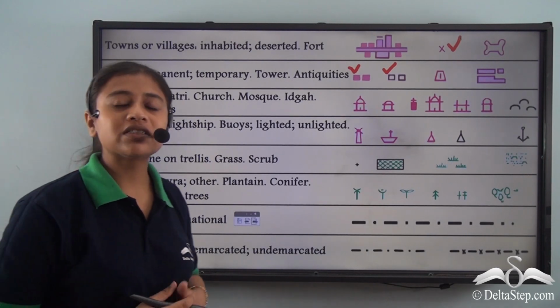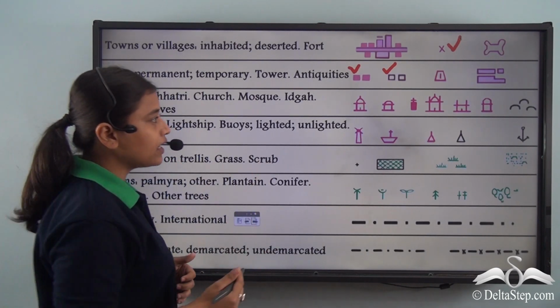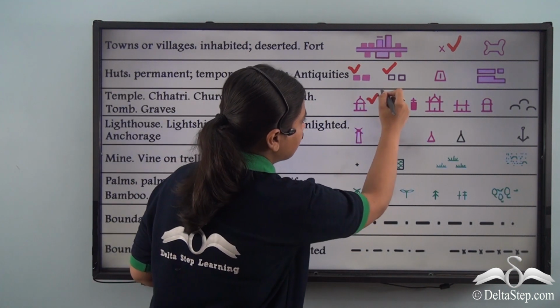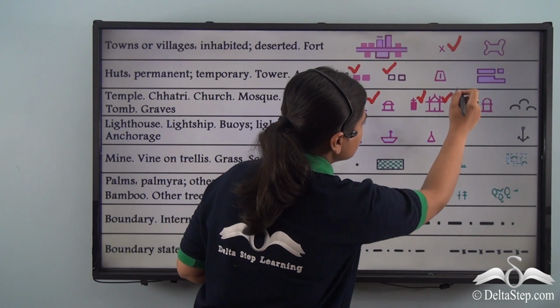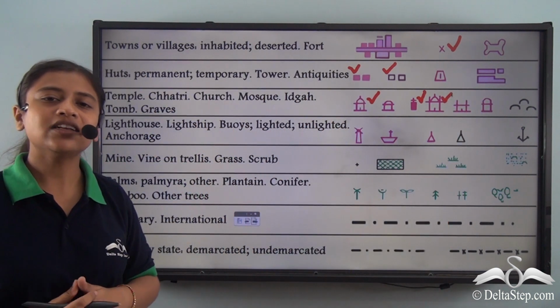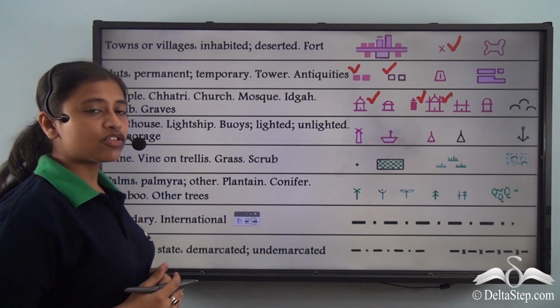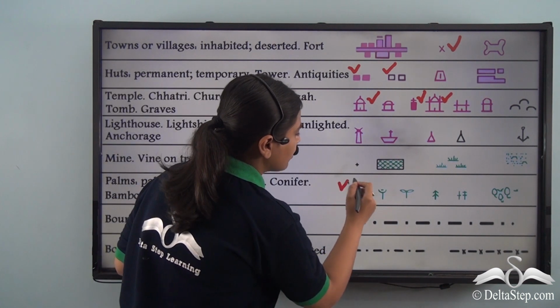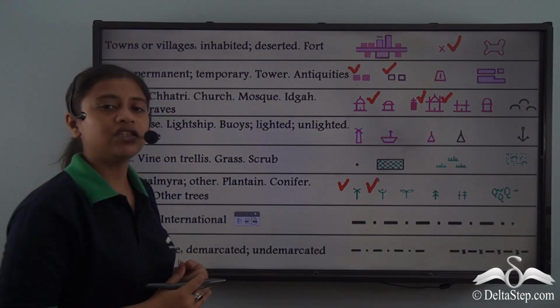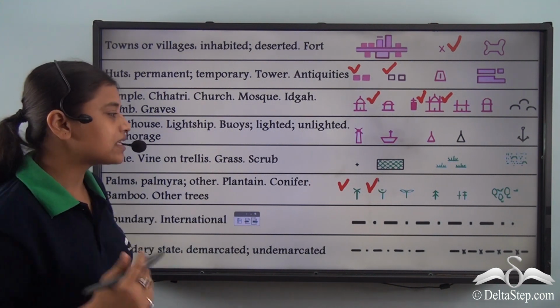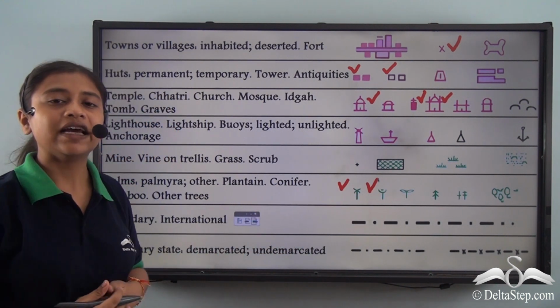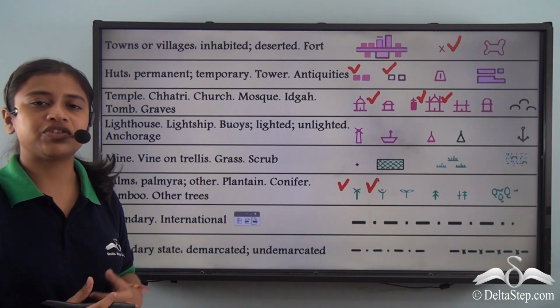Now, important religious symbols could be the presence of a temple, of a church, of a mosque, of an idgah, and so on. We also have symbols of such vegetation and each indicates a certain type. For example, the first one here indicates a palm tree.